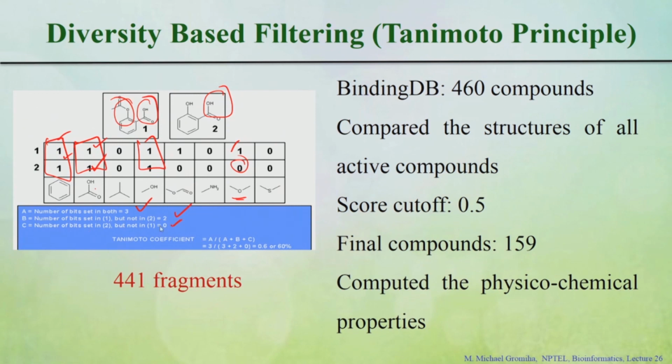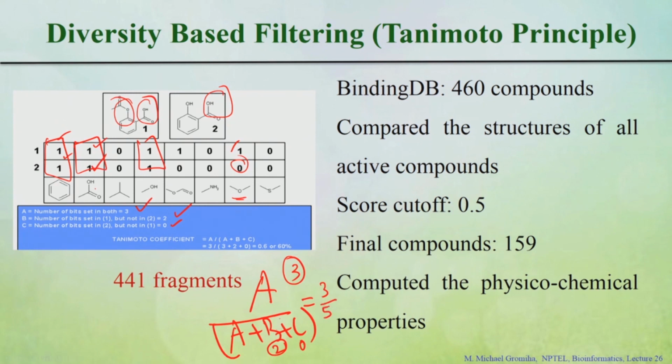If this is the case, you can calculate the Tanimoto coefficient using the equation A by A plus B plus C, right. So, A equal to 3, B equal to 2, C equal to 0. So, in this case this equals 3 by 5, 3 plus 2, right, this is equal to 60% or 0.6, right.